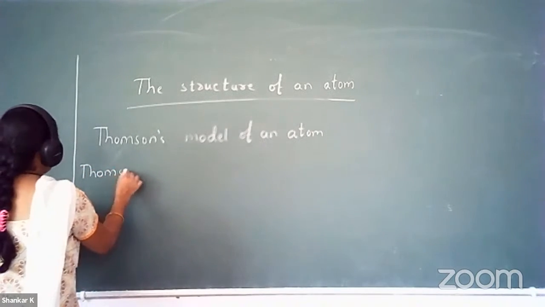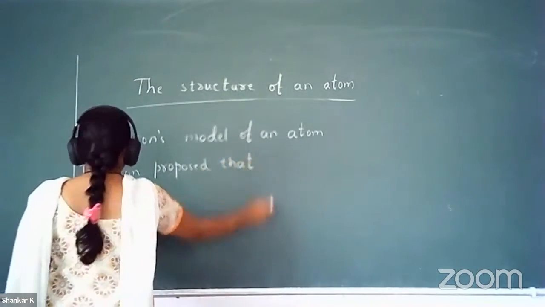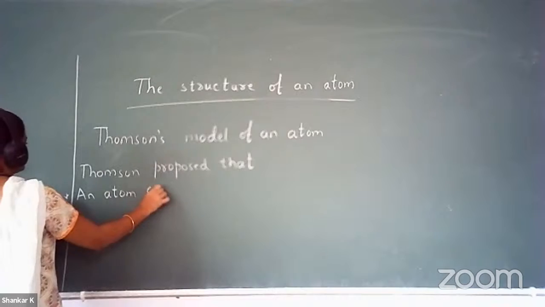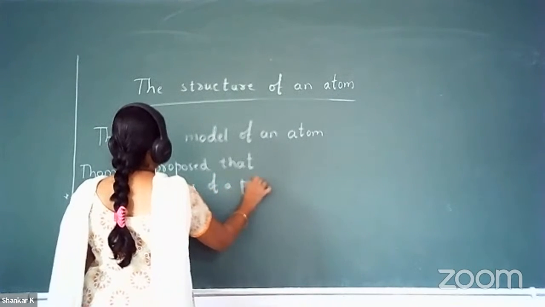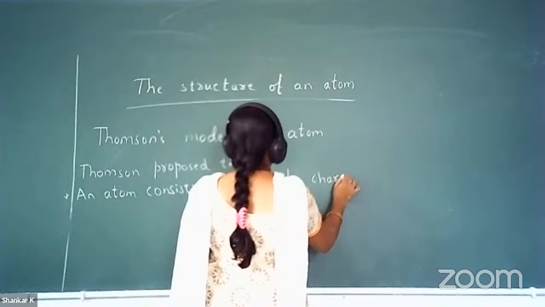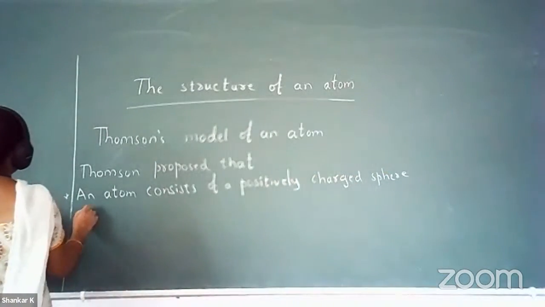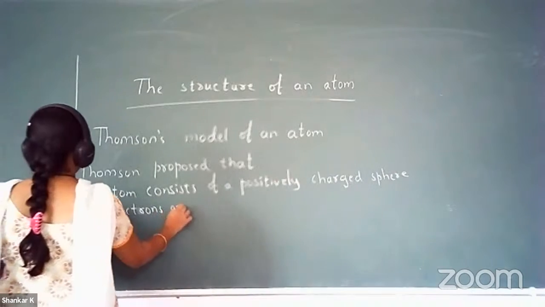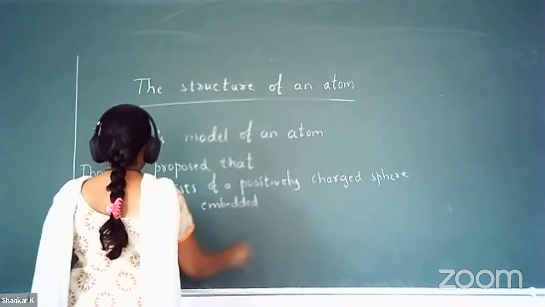Thomson proposed that an atom consists of a positively charged sphere, and electrons are embedded in it.